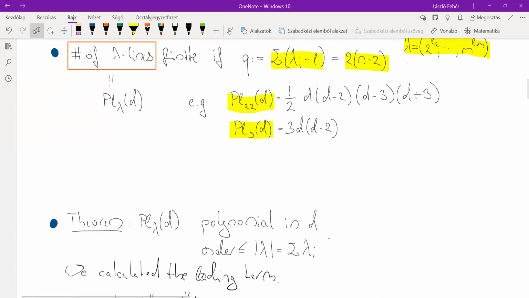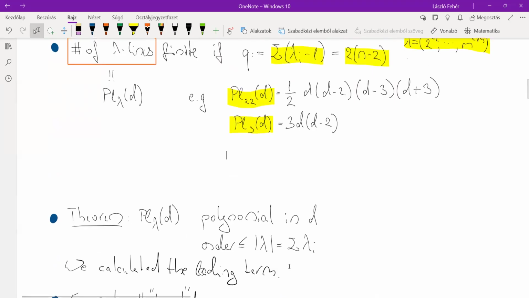These Plücker numbers always depend polynomially on d. In fact, we can calculate the order of this polynomial, which is always at most the size of the partition, but sometimes smaller. I won't give you the exact result, just an example.